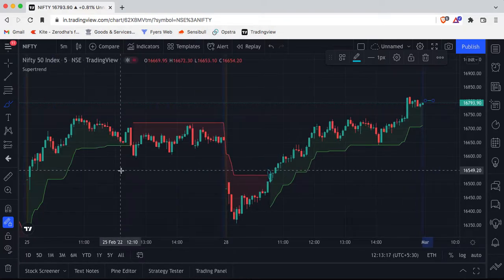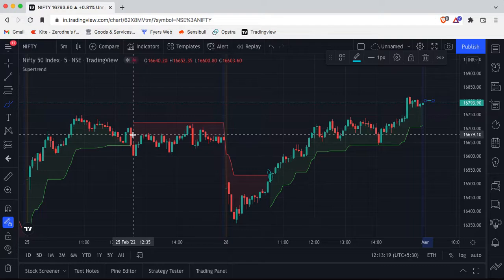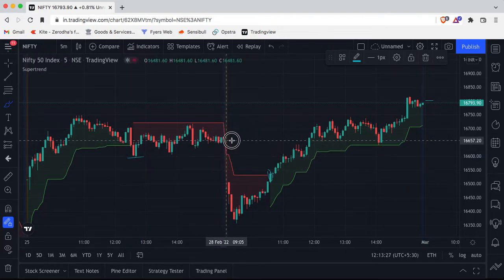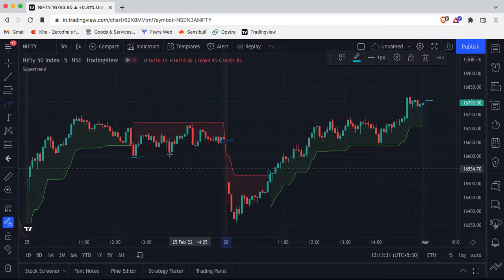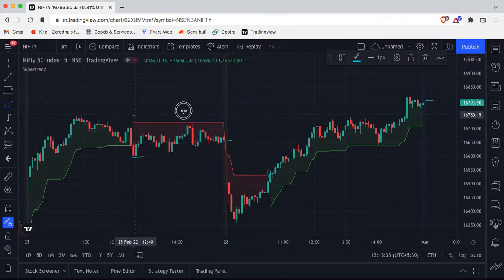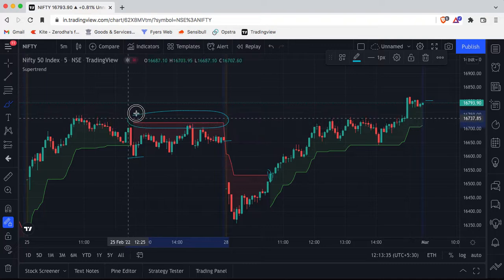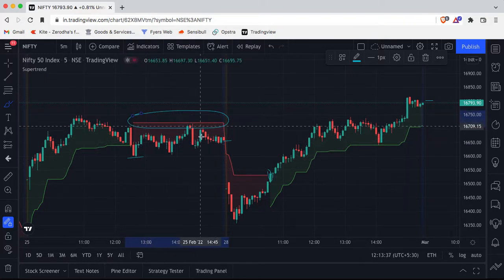And again you can see this downtrend here. If you take a position here and close here, this is not a downtrend, this is a sideways market. That's the reason the line is straight here, which means it's a sideways market.